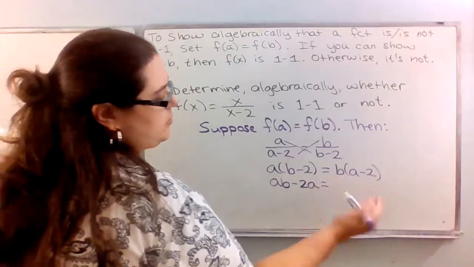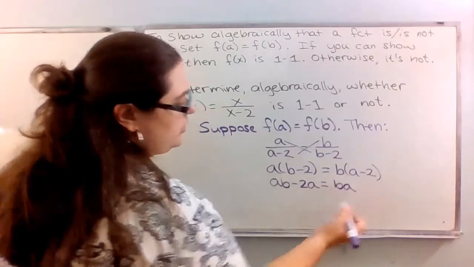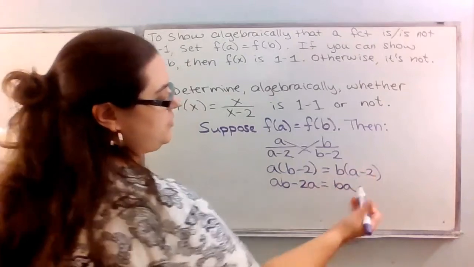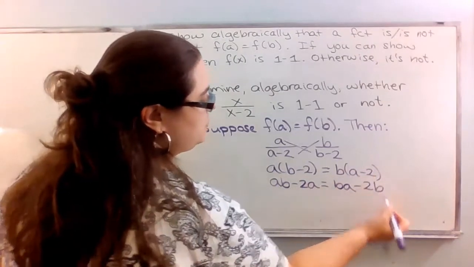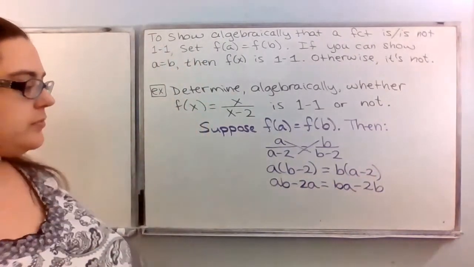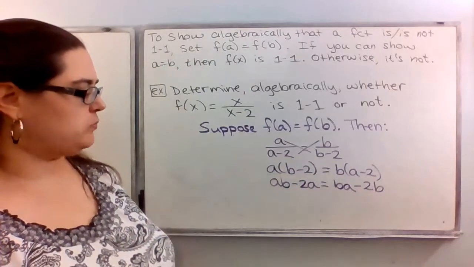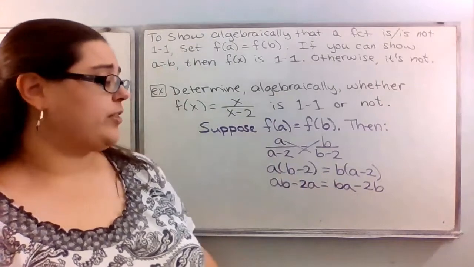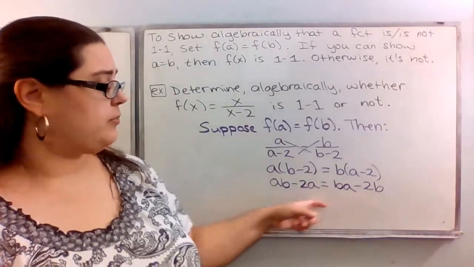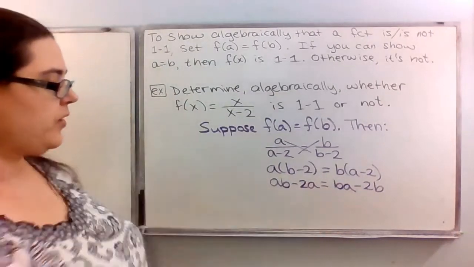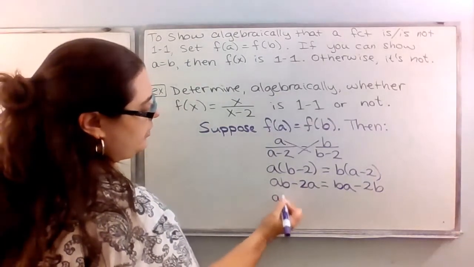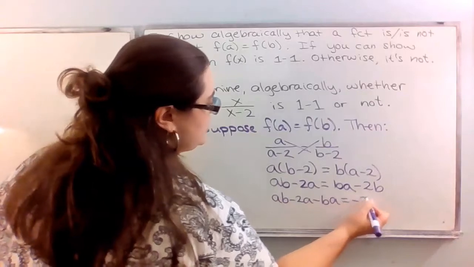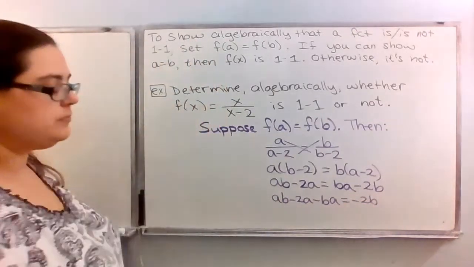On the right, b times a is ba, and then b times negative 2 is negative 2b. All right. So we have 3 terms that involve an a and just one that doesn't. So let's subtract ba from both sides. So I'm going to get ab minus 2a minus ba is equal to negative 2b.